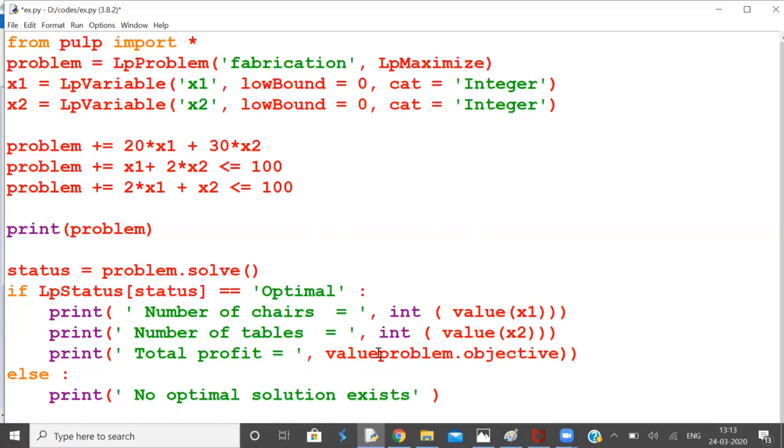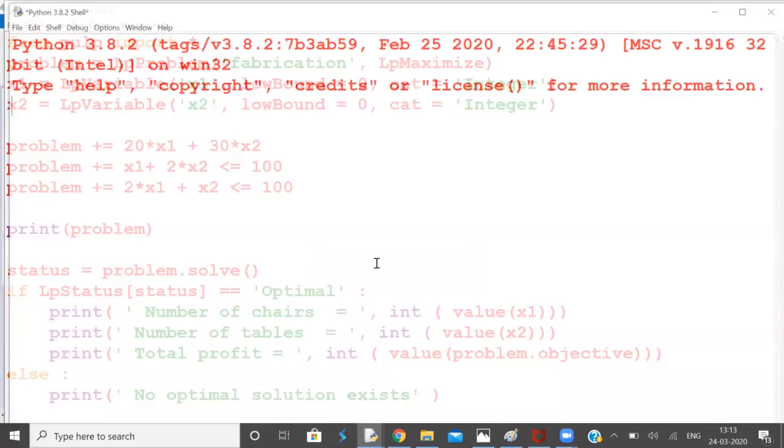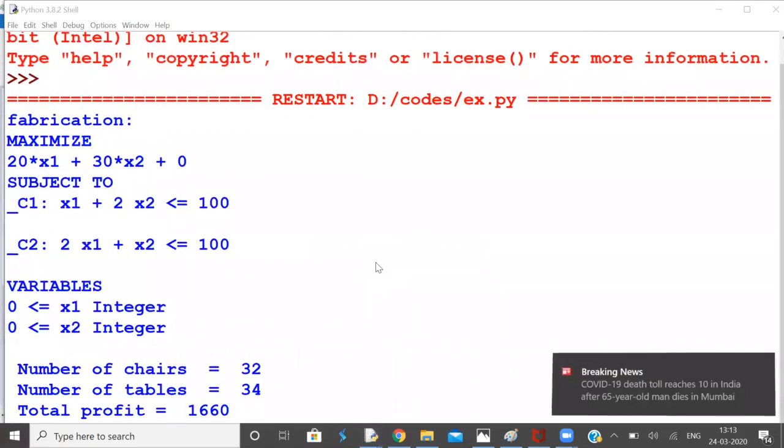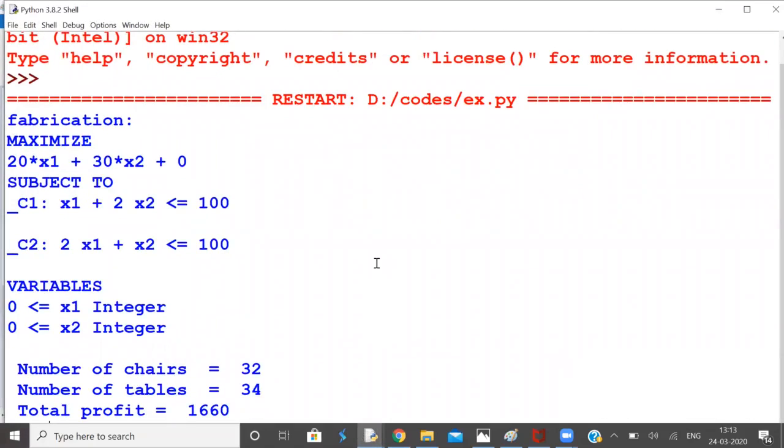It should be value of problem.objective and converted to integer. So total profit is 1660, which is the maximum profit. So one should produce 32 chairs and 34 tables to get it.